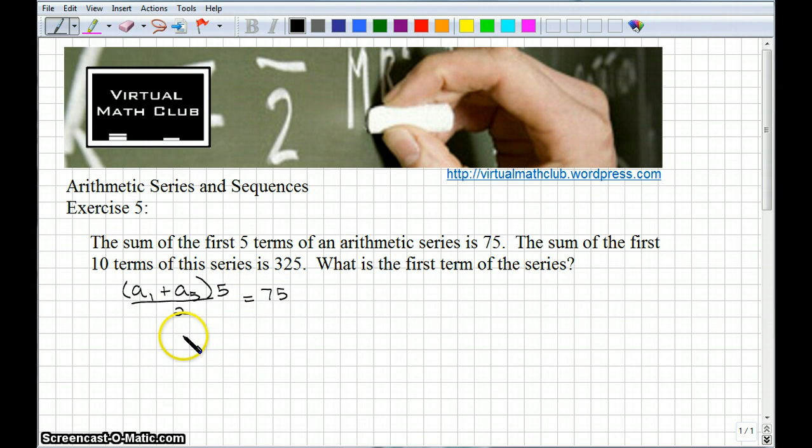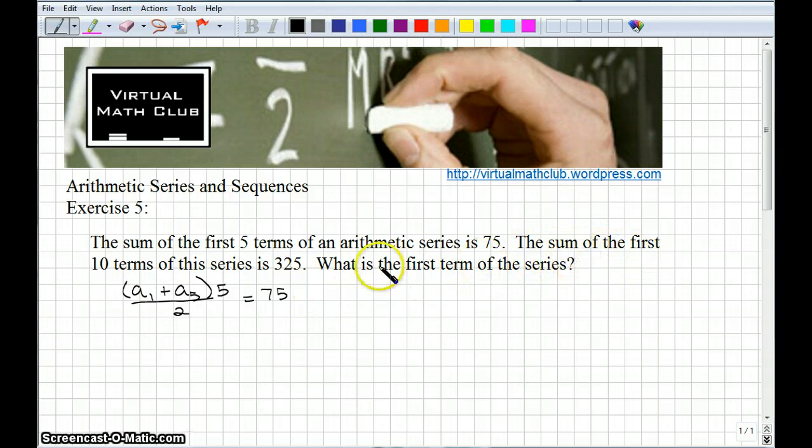So that's just converting this first statement into an equation, using what we learned in this lesson: the sum of the numbers is the first term plus the last term times the number of numbers divided by 2.